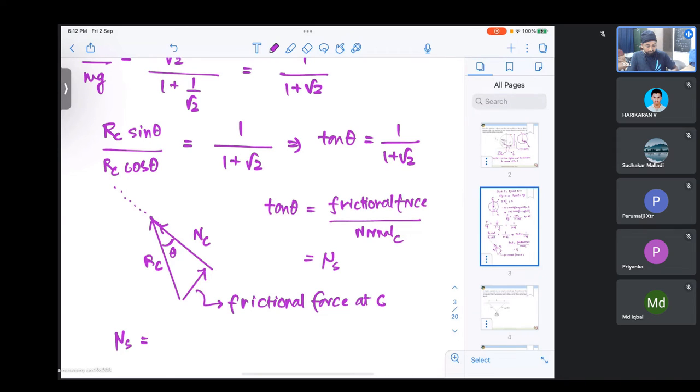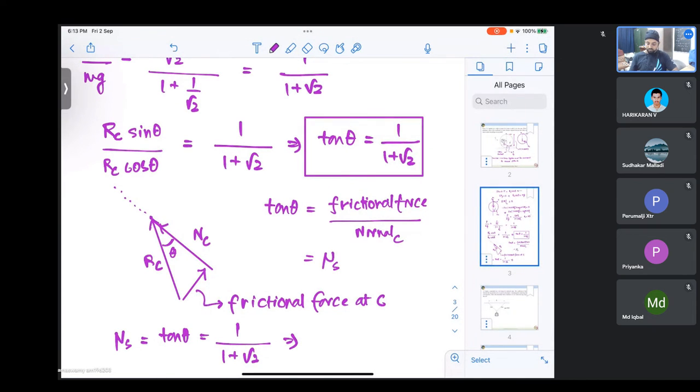Mu is tan theta is a relation we have got, and tan theta we already saw here that tan theta is 1 plus 1 by root 2. So mu is nothing but 1 plus 1 by root 2. Now this comes out to be 0.414.